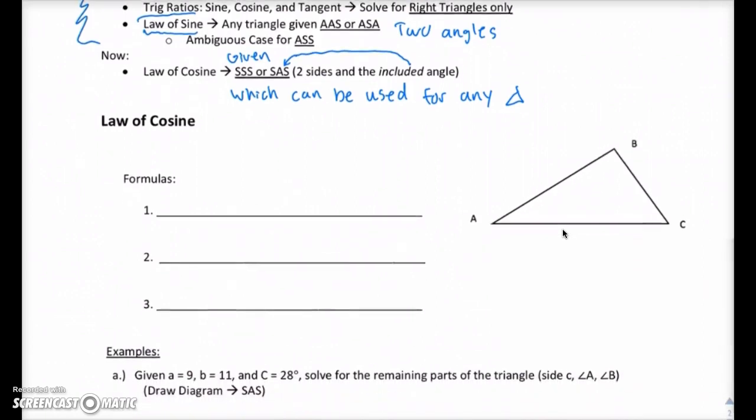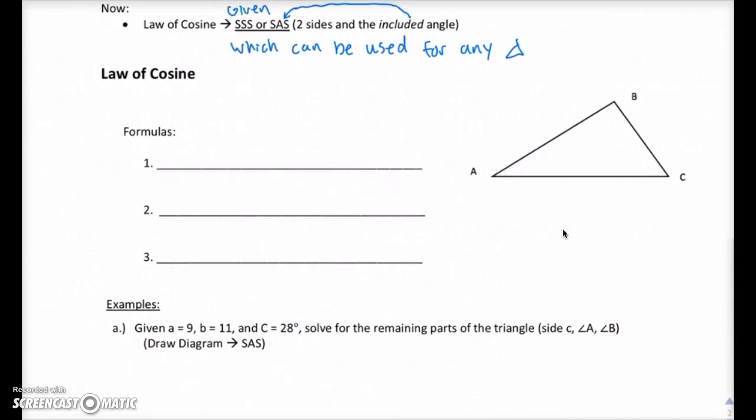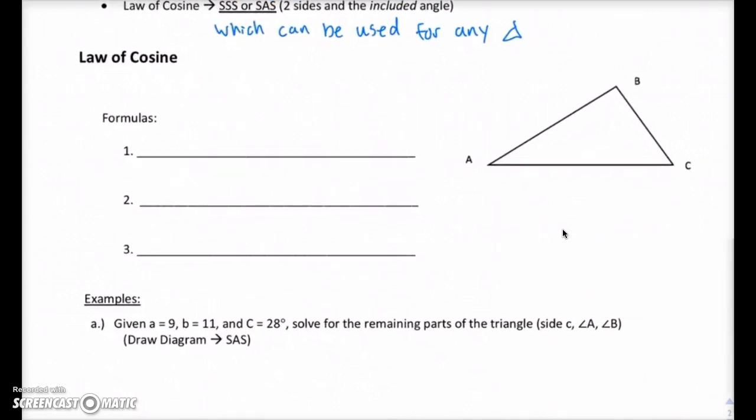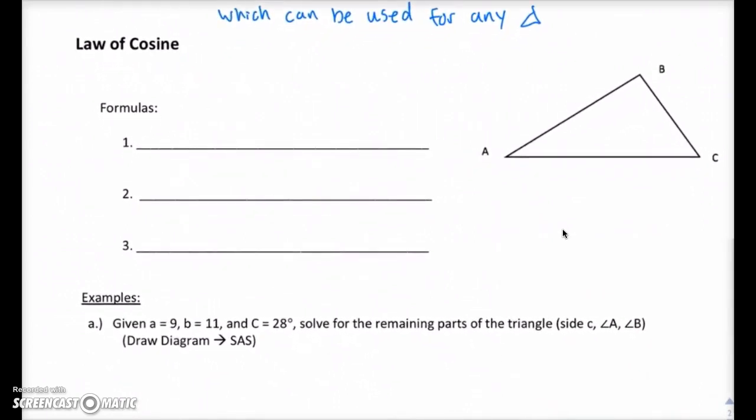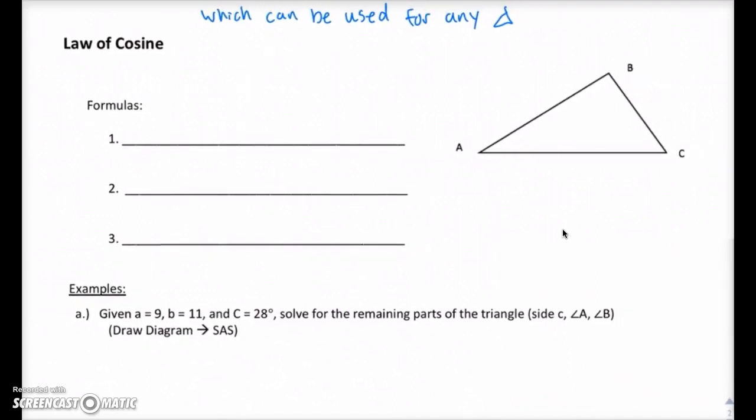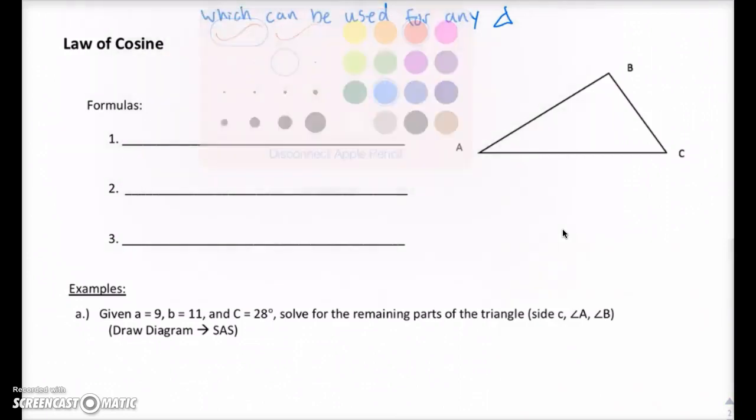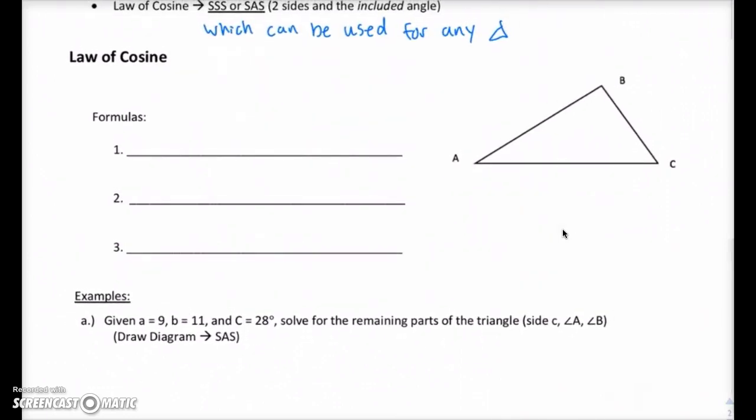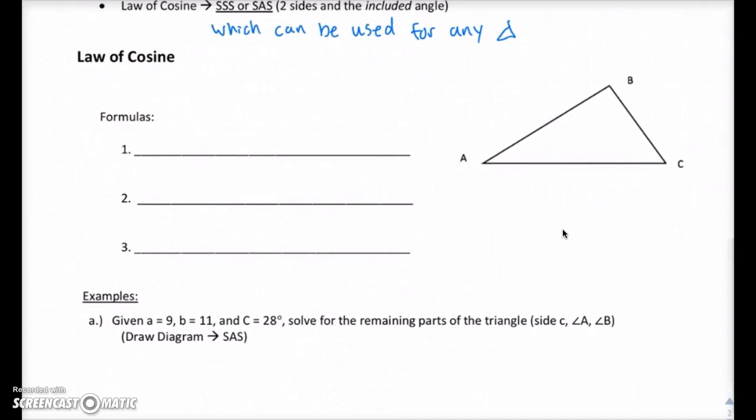So we're actually going to jump straight to the formulas. There is a formal way to prove it, it's just very long, and we can talk about that tomorrow in class. So this is used anytime we're given a triangle.